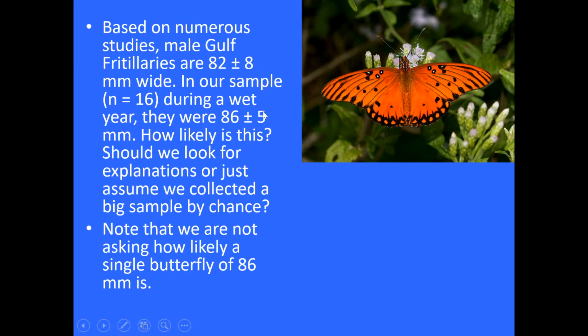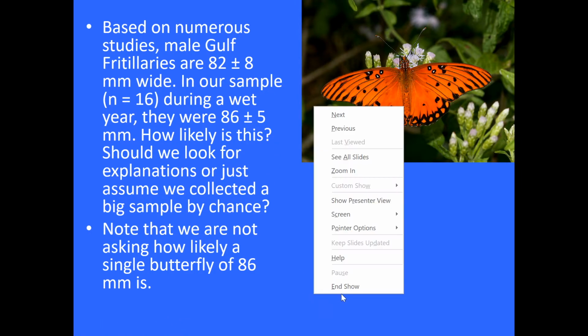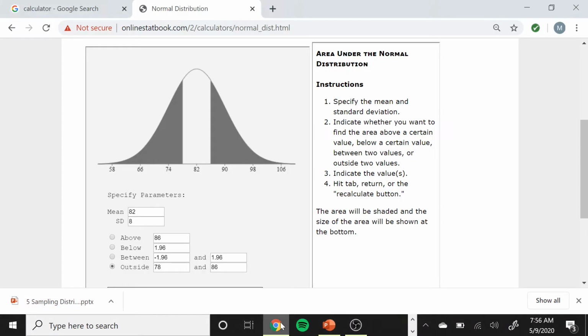Okay. All right, so again, let's go back and take a look at what we were doing here. We were trying to figure out how likely it is that a single butterfly would be 86 millimeters, or on the other side, 78 millimeters wide.